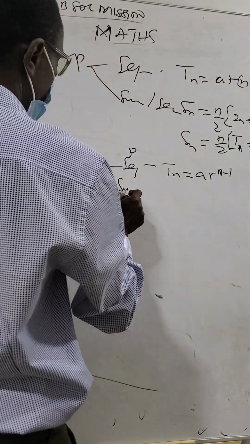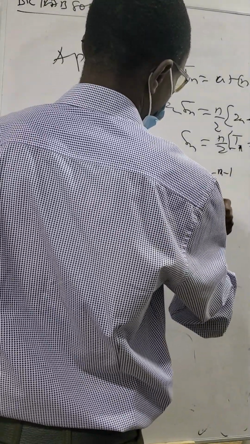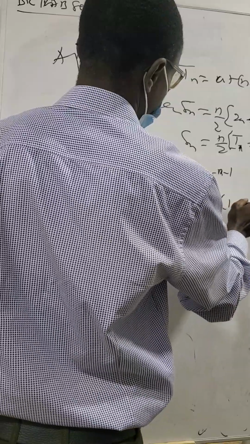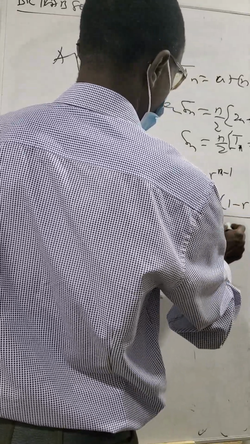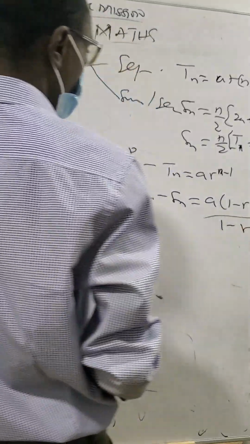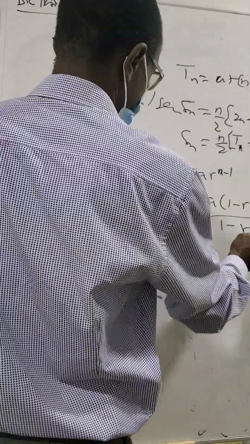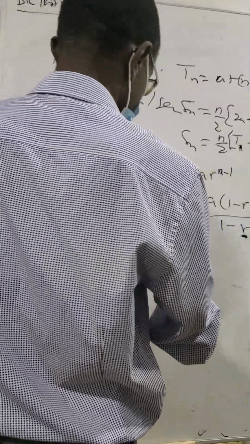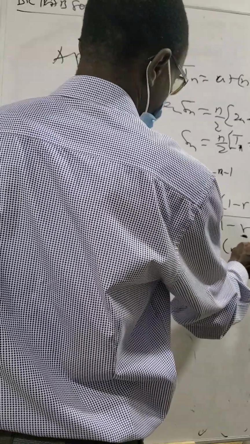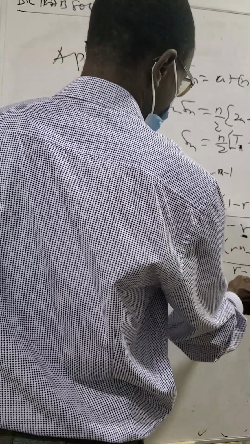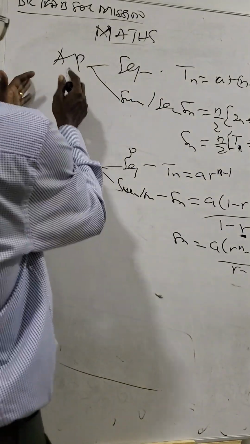The sum or the series comes out as Sn equals a times (1 minus r to the power n) over 1 minus r. Of course, then we said if r, the ratio, is greater than 1, then we need to reverse the equation. So Sn becomes a times (r to the power n minus 1) over r minus 1. So this is for that and that.